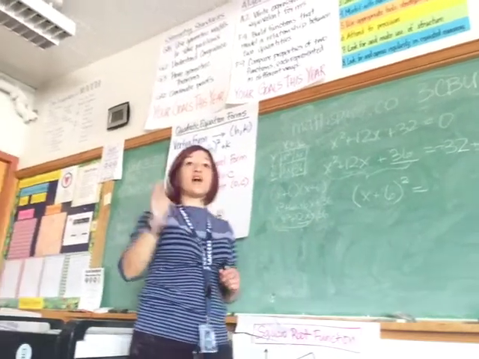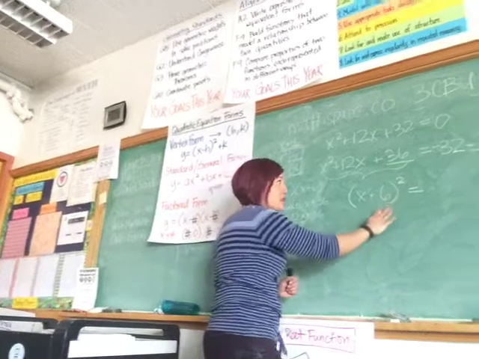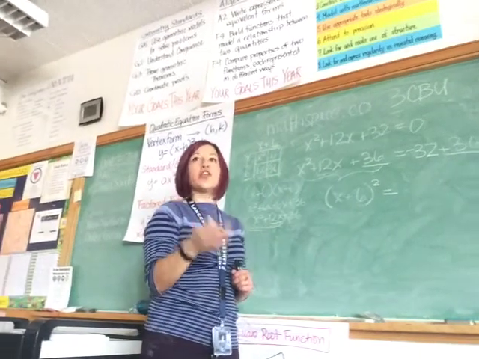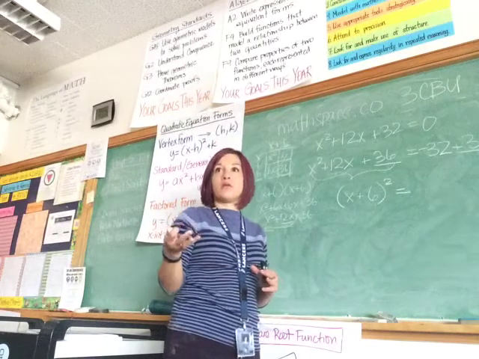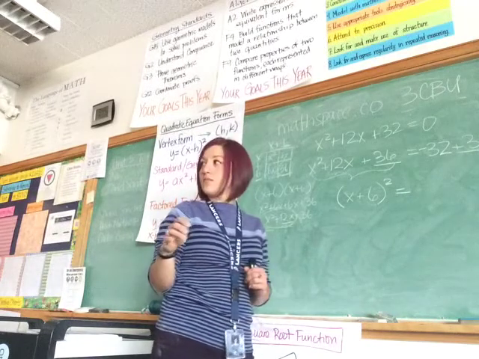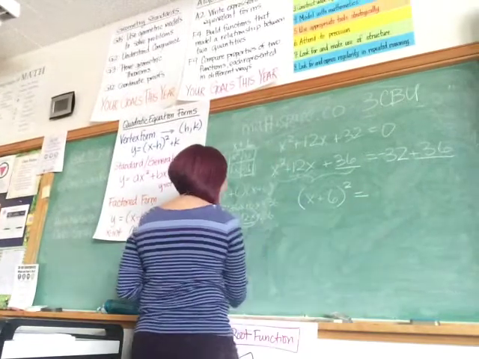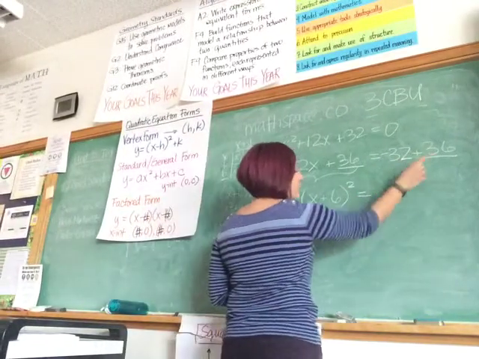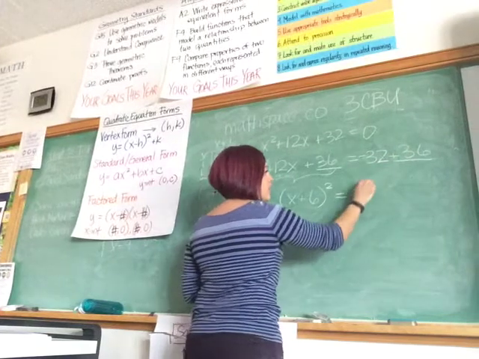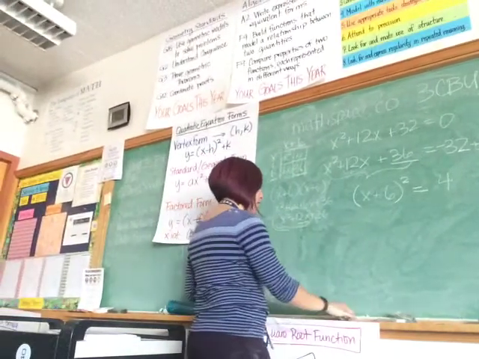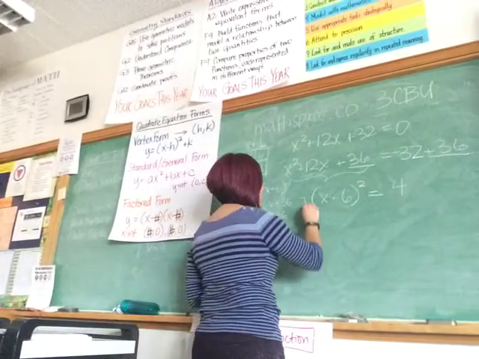You could say, okay, 12 divided by 2 is 6, this is x plus 6, so this is 36. Done. You know me, I always have to explain the why. All right, so what does this side become? Negative 32 and 36 is 4. Okay? Now I'm going to take the square root of both sides.